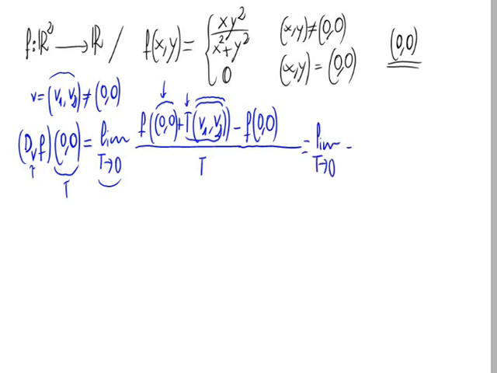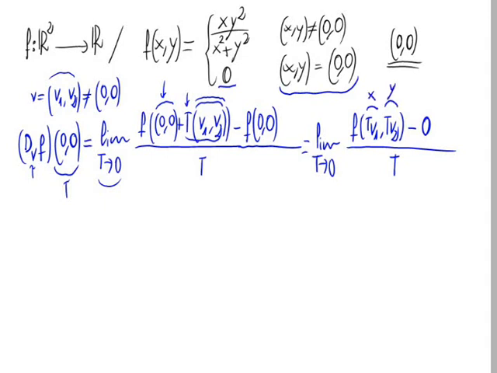So the formula would be like f of, how much is 0, 0 plus t times v1 and v2? That would be the same as t times v1, comma, t times v2, minus f of 0, 0. And as when we are in 0, 0 the function is 0, let's write a 0 here, divided by t, of course.